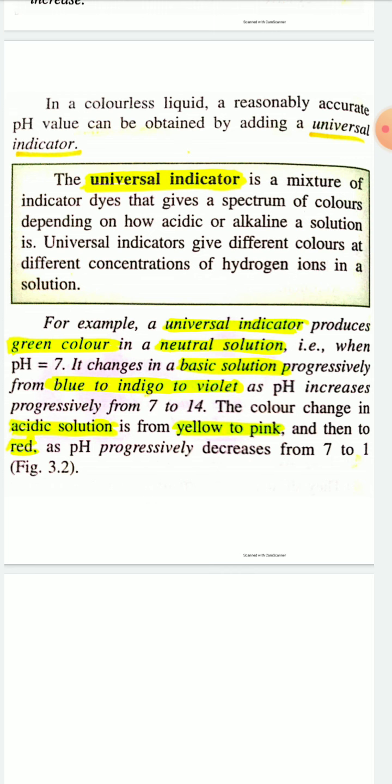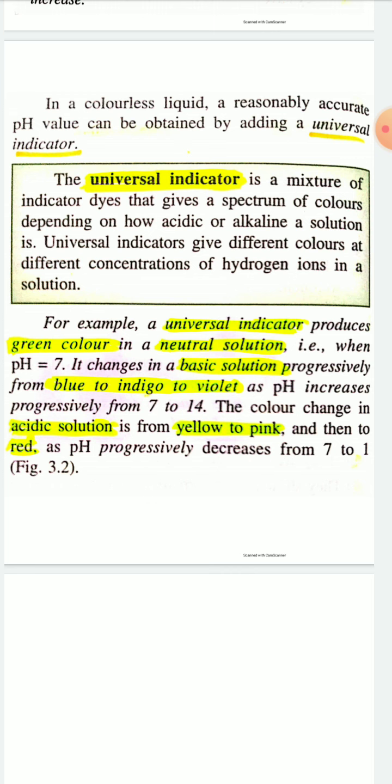For example, a universal indicator produces green color in a neutral solution. If the color of the solution becomes green, then the solution is neutral in nature.